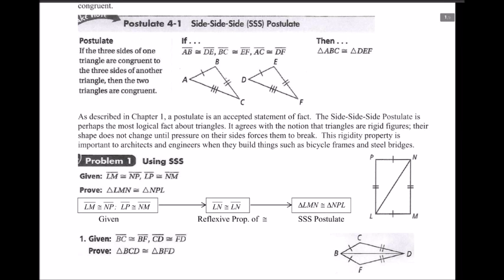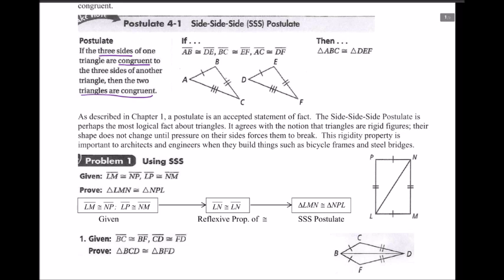And what this postulate says, if 3 sides of one triangle are congruent to 3 sides of another triangle, then your triangles are congruent. So this requires no angles. All we need are 3 congruent sides. Now, once again, this is a postulate, and so it is accepted as fact.